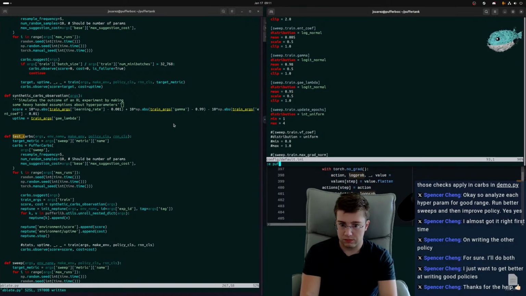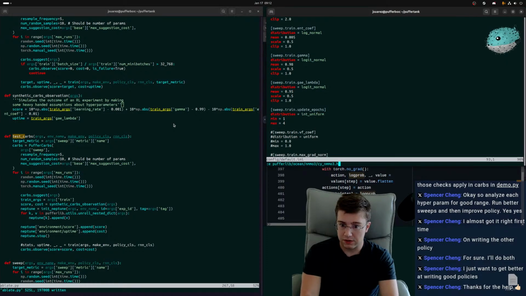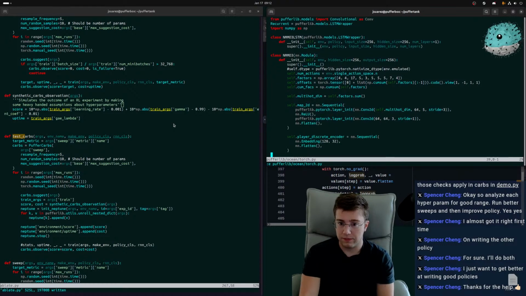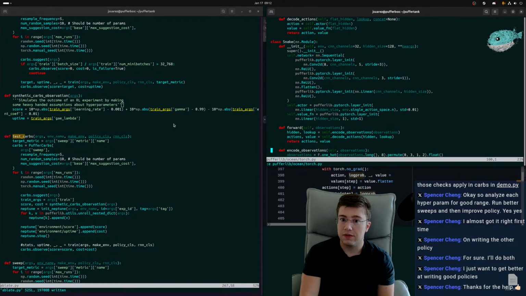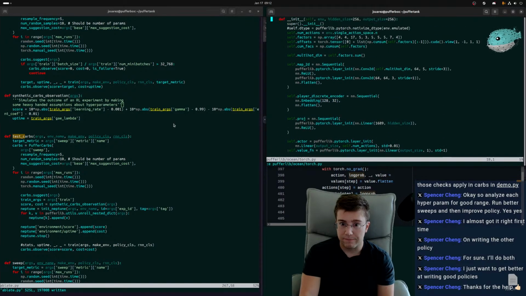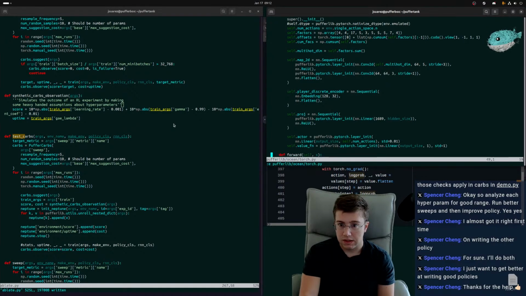Like here. This is Neural MMO 3, all right? So this is what I made in order to do Neural MMO 3. That's the whole policy, right there. It's got some 2D comms, it's got a discrete encoder, it's got a multi-hot.